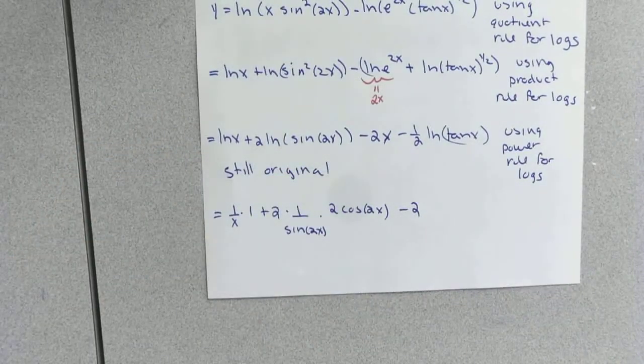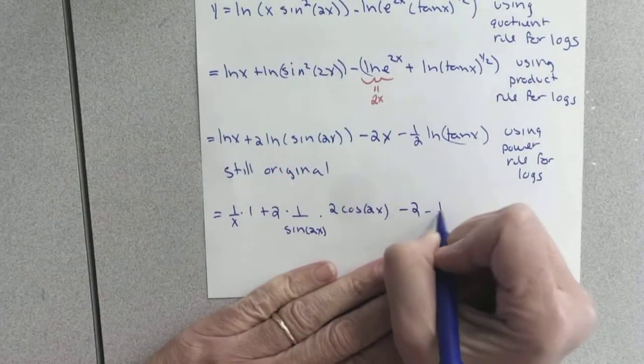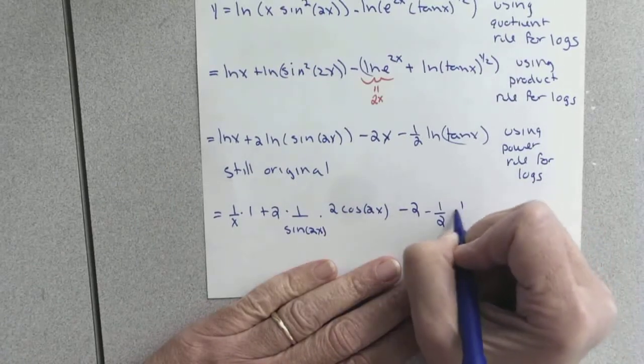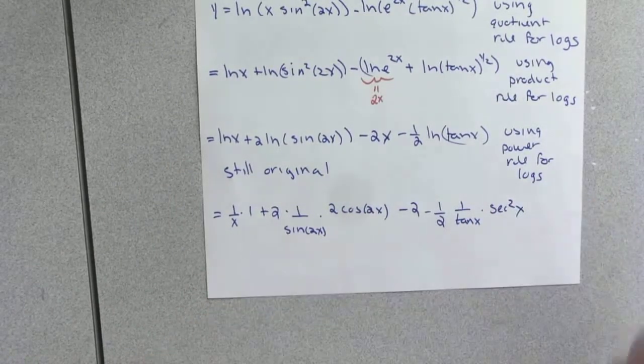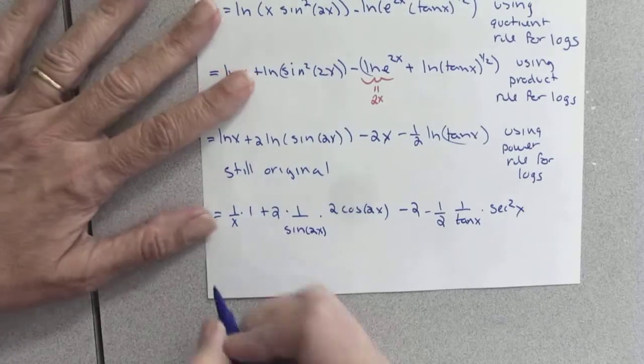Then the derivative of 2x is 2. The 1/2 just stays. Then 1 over the argument, derivative of the argument. And so all of those, each and every logarithm, 1 over the argument, derivative of the argument.